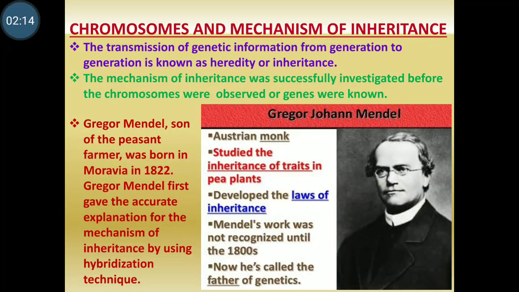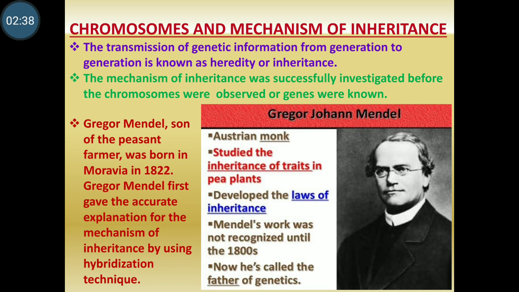Let us now understand about the chromosomes and mechanism of inheritance. The transmission of genetic information from generation to generation is known as heredity or inheritance. The mechanism of inheritance was successfully investigated before the chromosomes were observed or genes were known.